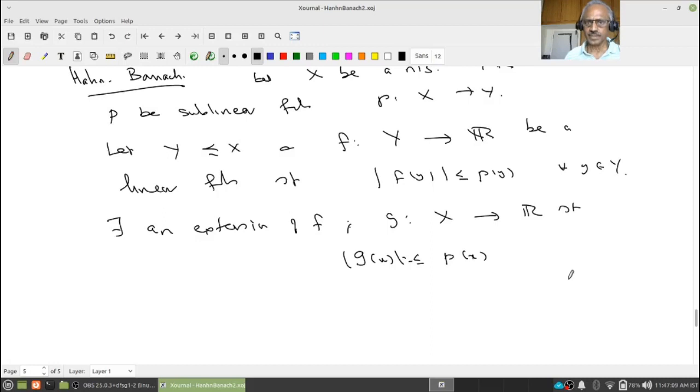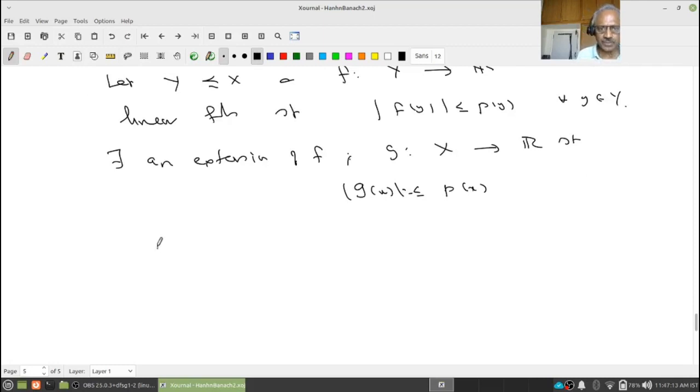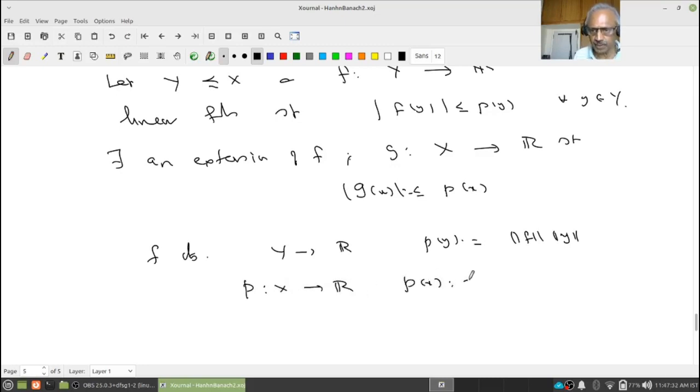Do you follow that? Just to make sure you understand, suppose f is continuous from Y to R, then the sublinear function I can define to be norm of f times norm of y. So I extend this to X to R, namely p of x to be norm of f times norm of x.